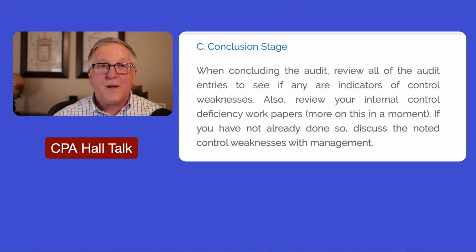They may not be real happy that you found these control weaknesses, because they either helped design the internal controls, or at a minimum they're overseeing the use of those controls on a day-to-day basis.